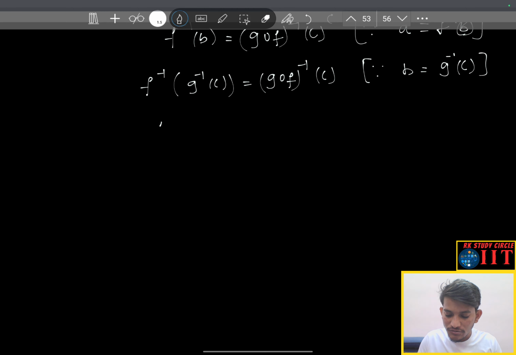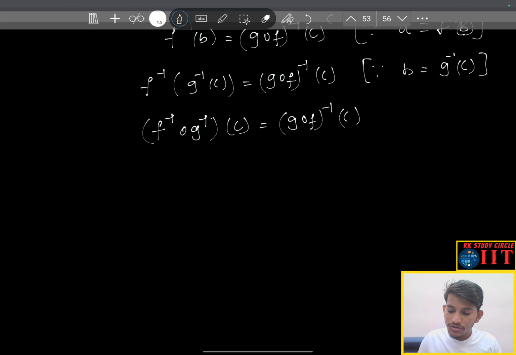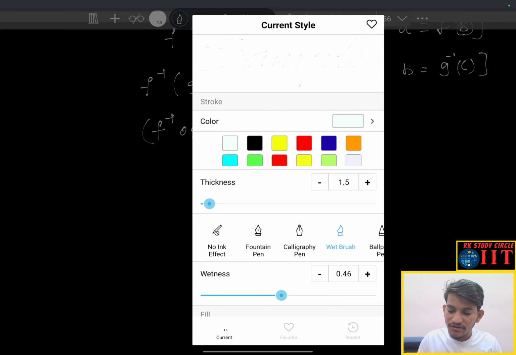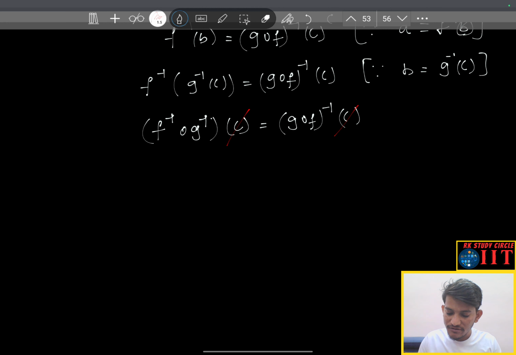So rewriting this equation, F inverse of G inverse multiplied with C equals (G of F) whole inverse of C, right? From here, you can cancel out C on both the right hand side and left hand side. Therefore, you are left with F inverse of G inverse, which equals (G of F) whole inverse.